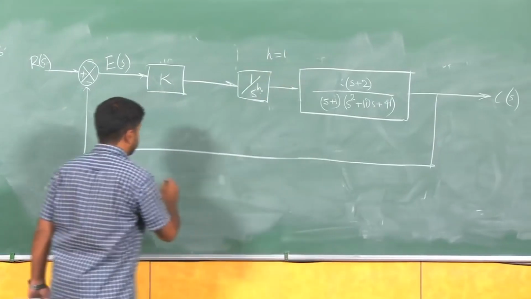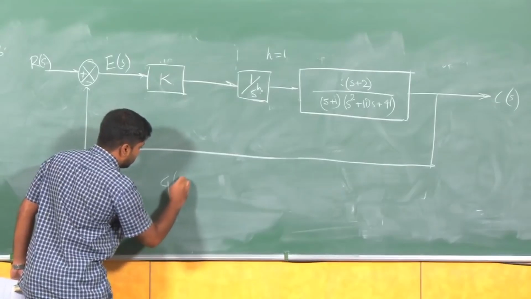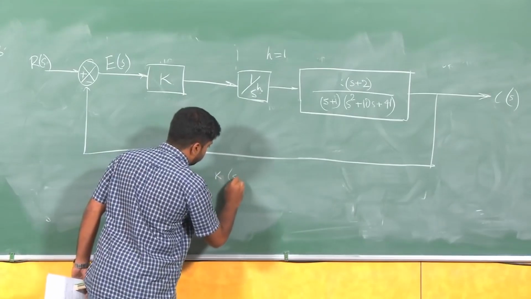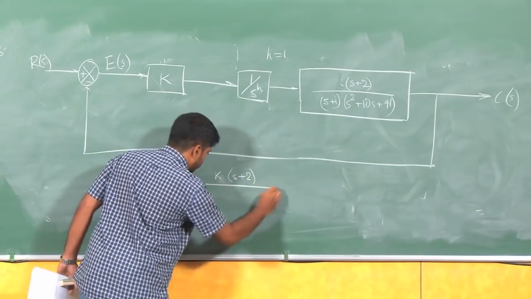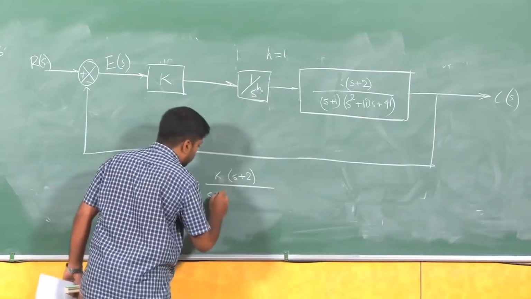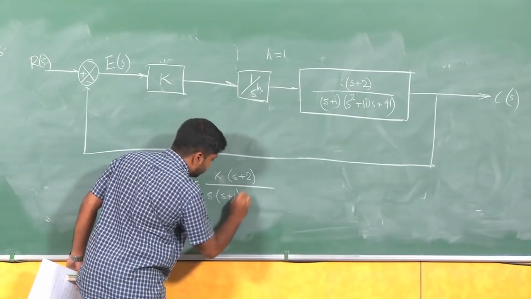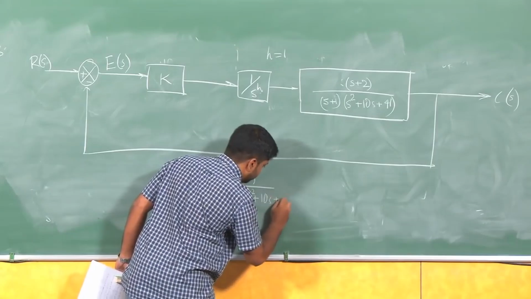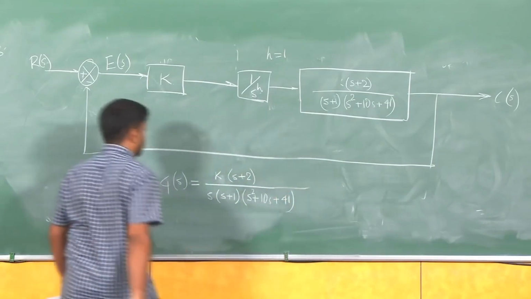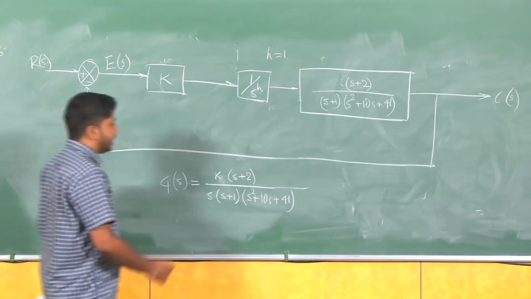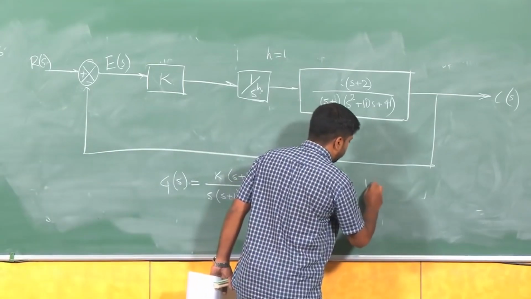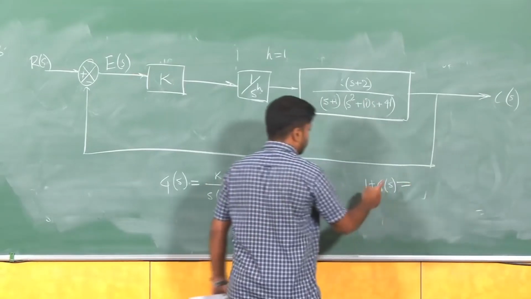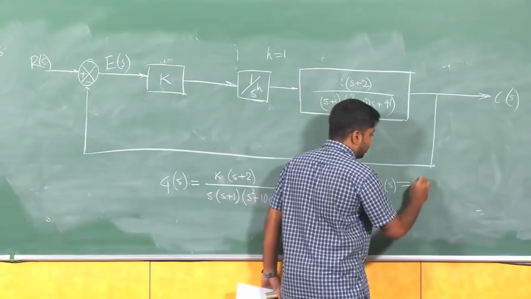So, H will be 1. We can modify the loop gain of the system as G(s) = K(S + 2) / (S(S + 1)(S^2 + 10S + 41)), since H is equal to 1. And the characteristic equation will come from 1 plus G(s).